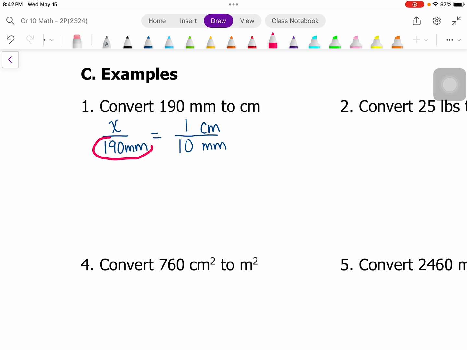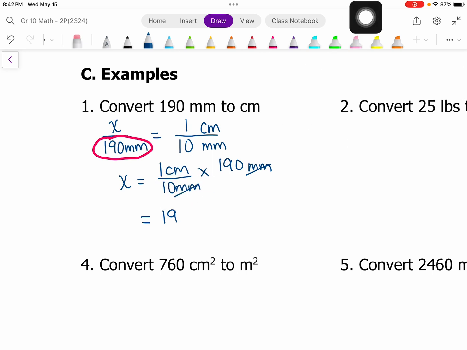Now I'm going to move the 190 to isolate for x. So x is equal to 1 centimeter over 10 millimeters times 190 millimeters. Millimeters divided by millimeters cancels. So I have 1 divided by 10 times 190 is equal to 19, and the units I'm left with are centimeters. So 190 millimeters is equal to 19 centimeters.